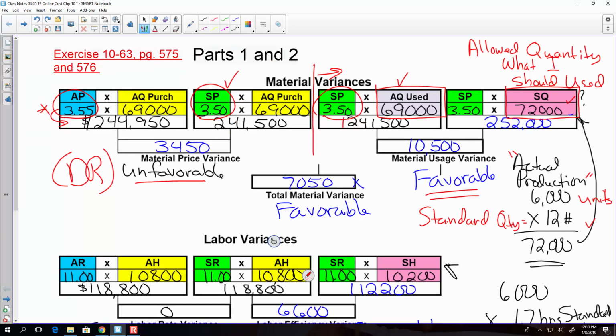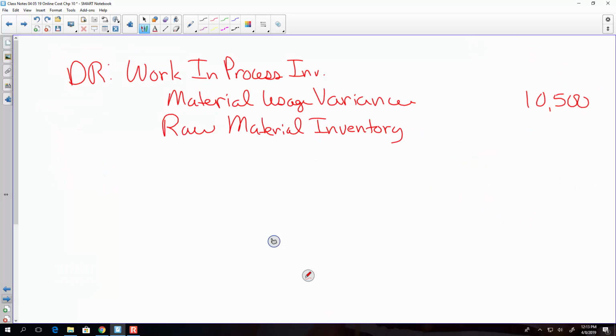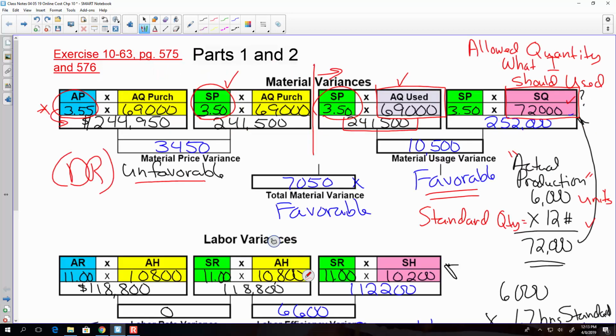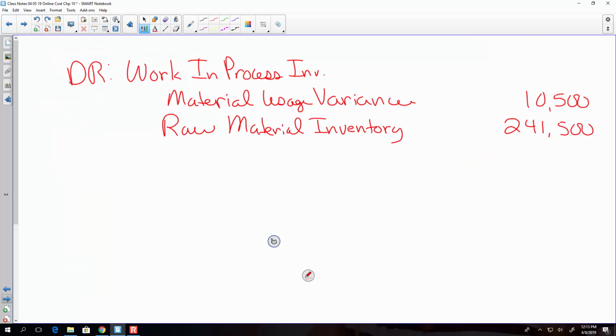The raw material, what I'm pulling out of, is associated with my third box, which is right here. This 241,500 is what I'm pulling out of that raw material. And then what am I putting into work in process? I'm putting actually the blue number here, the 252, into my work in process account.